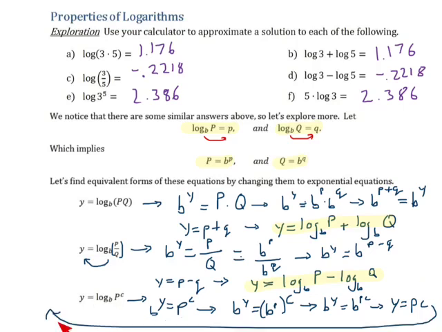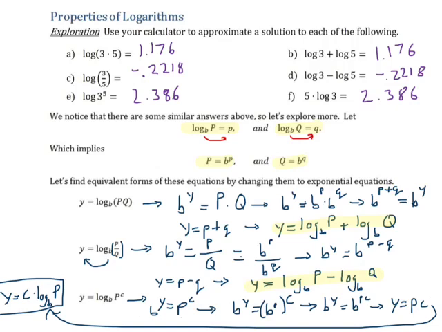Let's bring this on over here and do our substitution. We end up with y equals, and little p is equal to log base b of capital P, and I'm going to put that little times c here. All right, and there's our last one.